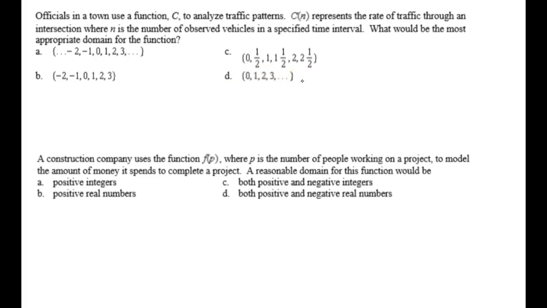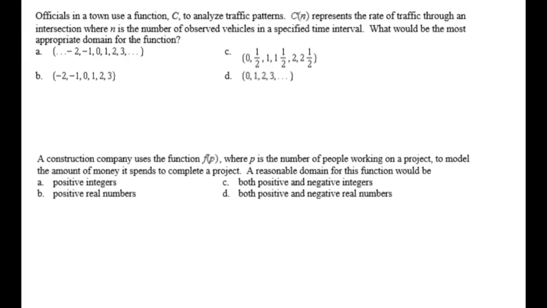So we're trying to determine which one is most appropriate to represent the domain. The domain in this case is the number of vehicles observed within a specified time interval. So if we're counting the number of vehicles, that has to be a whole number. We can't have part of a car, and we can't have negative amounts of vehicles passing through.